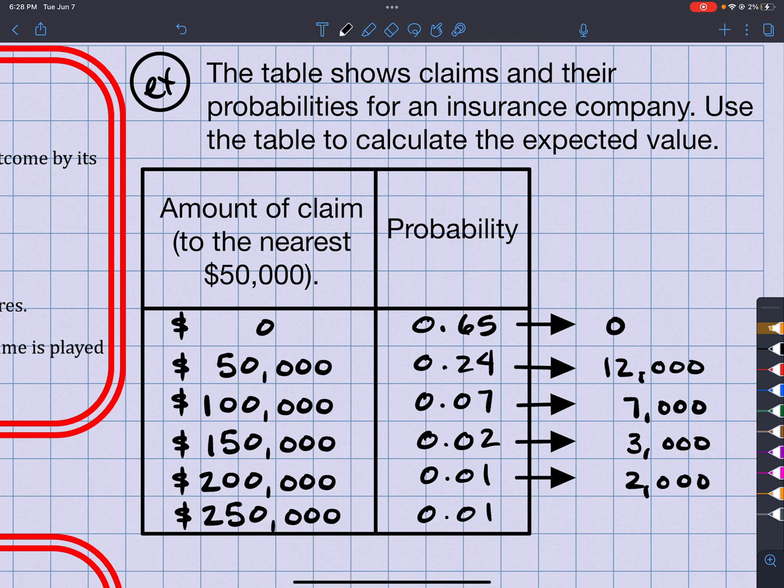Let me double check. Yep, that's 2,000. And then 250,000 is going to be 2,500. Okay? So what I want to do now is I want to add all of these together.